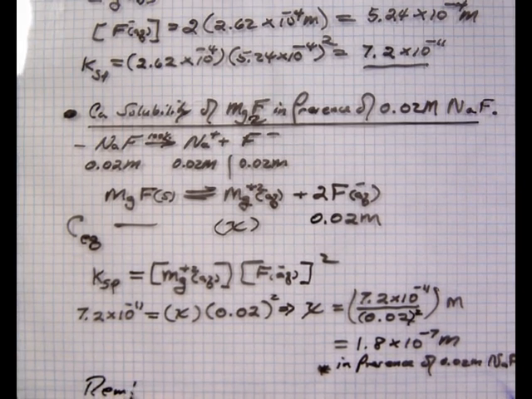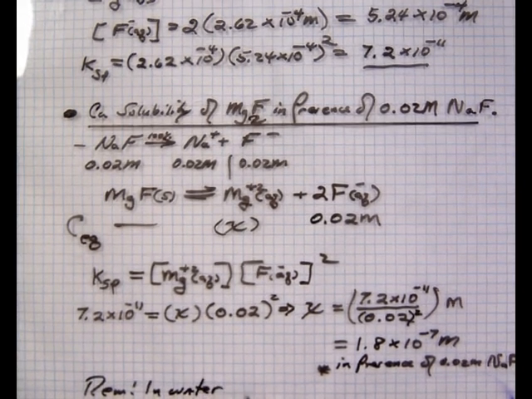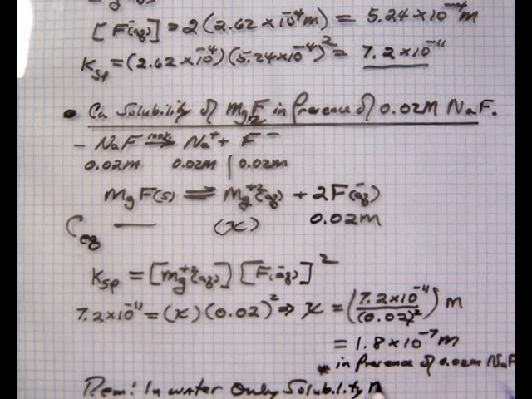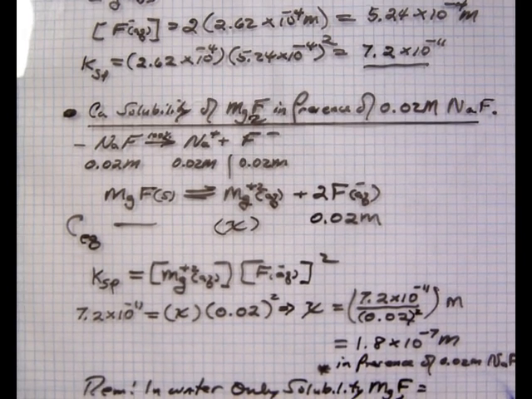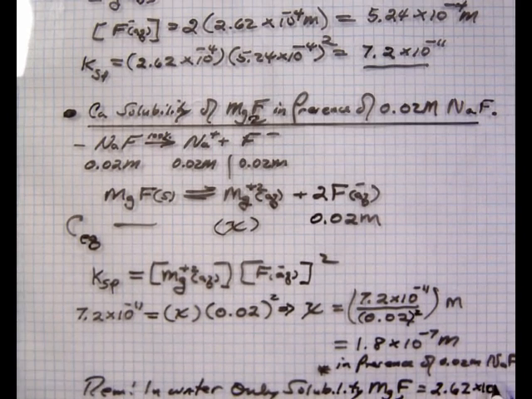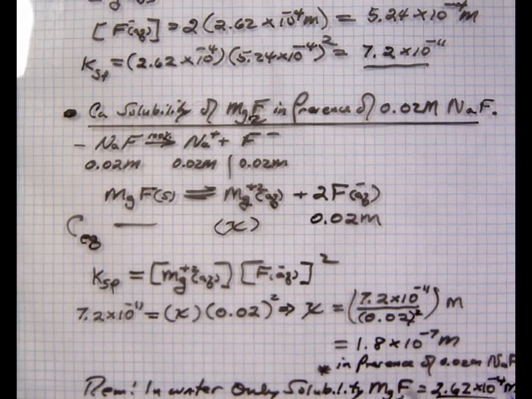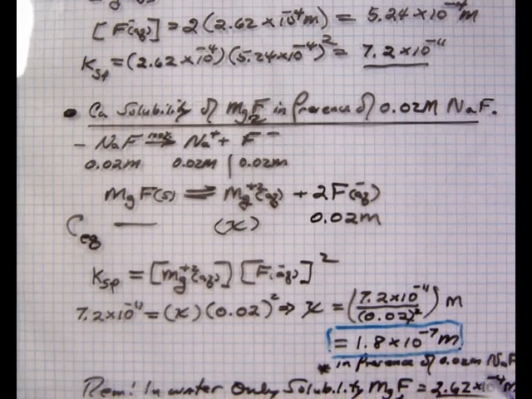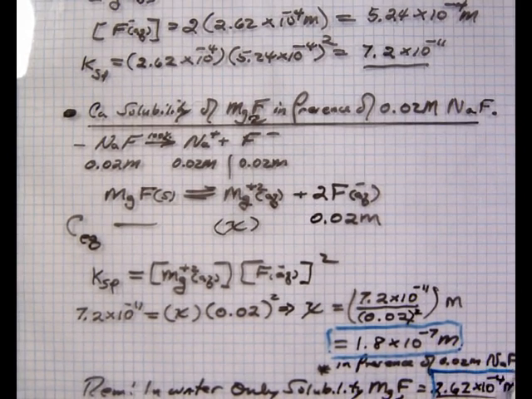Remember, in water only, solubility is... so we're comparing 1.8 times 10 to the minus 7 in the common ion to 2.62 times 10 to the minus 4 in pure water.